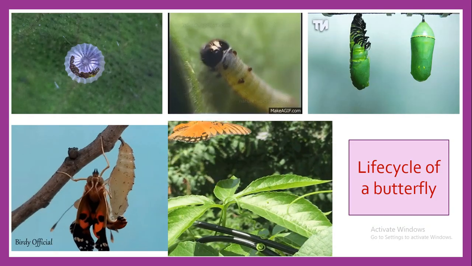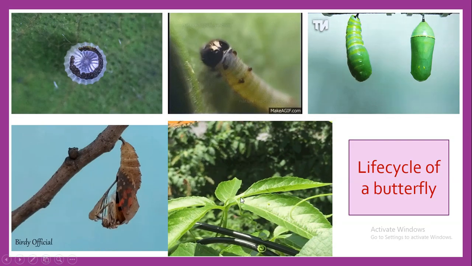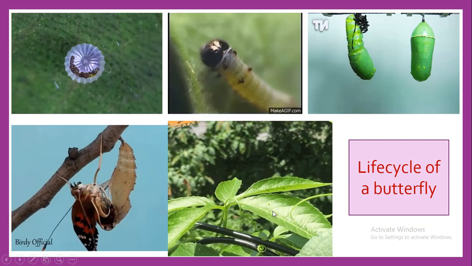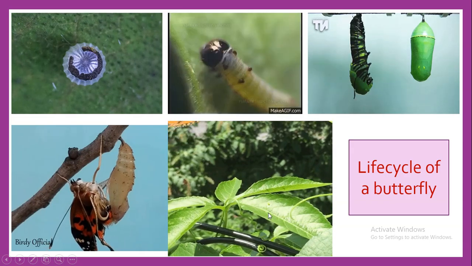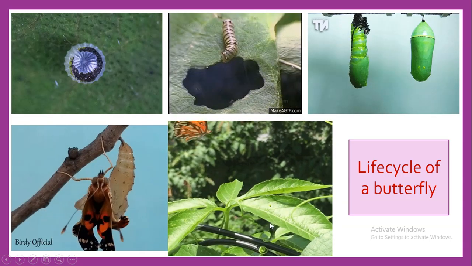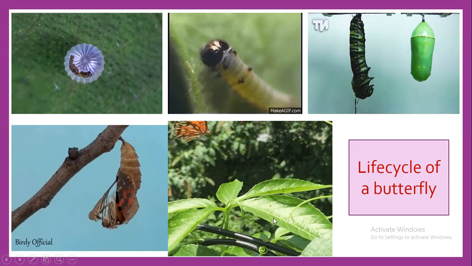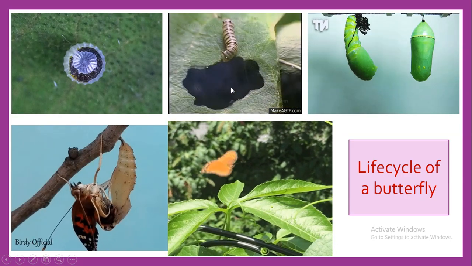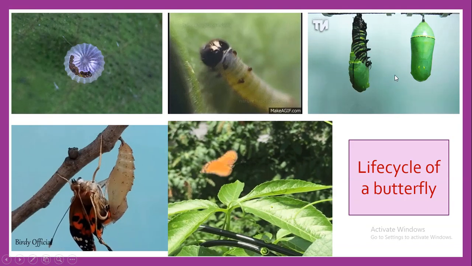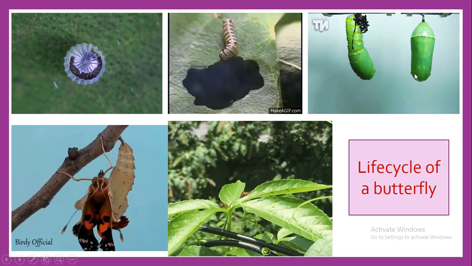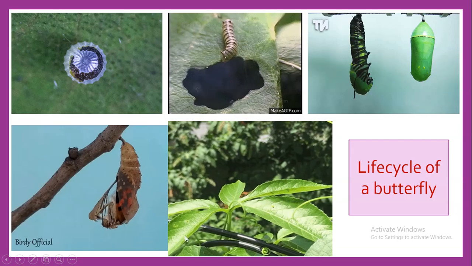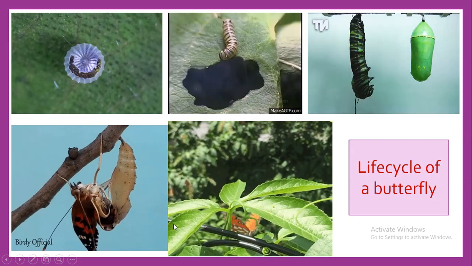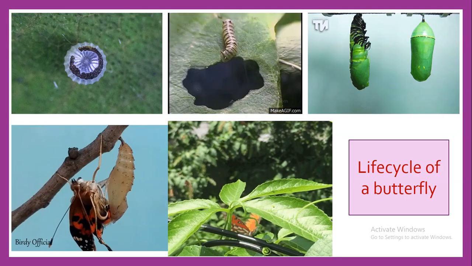Now look closer. This butterfly lays eggs on leaves. So, egg, a larva or a caterpillar, pupa, and this case is chrysalis, then an adult butterfly, fully grown, and it can reproduce.